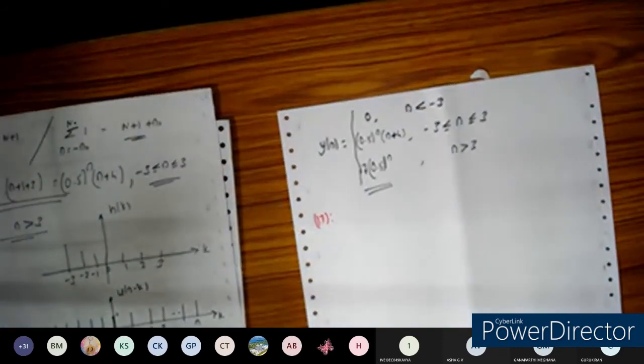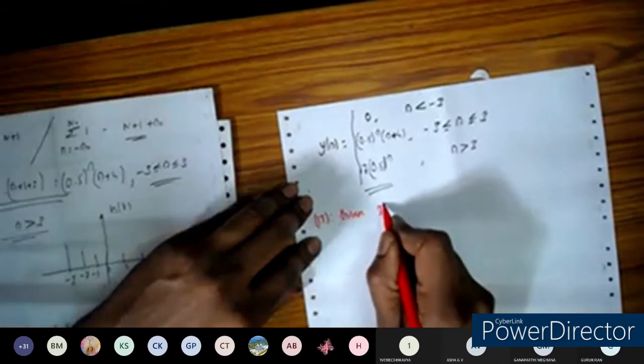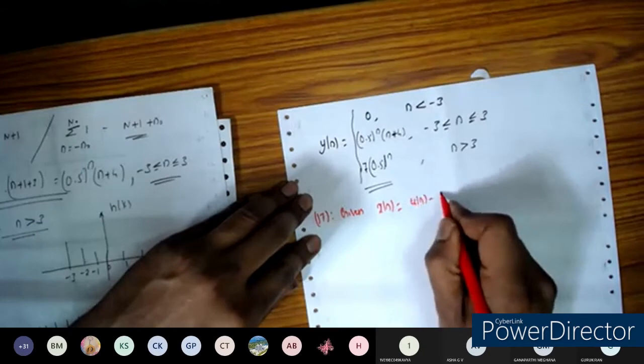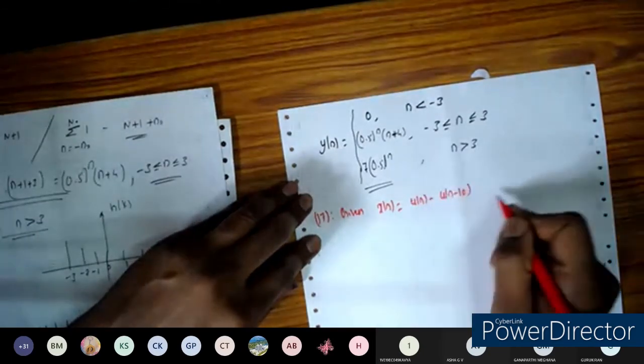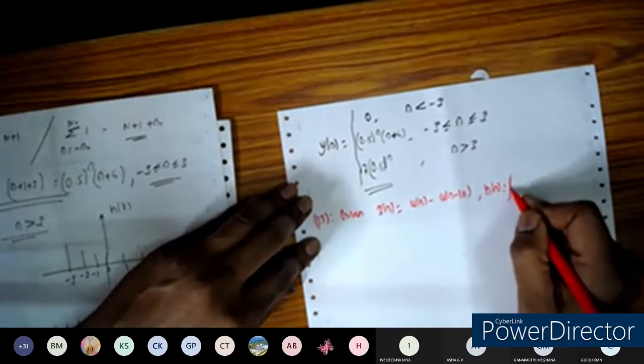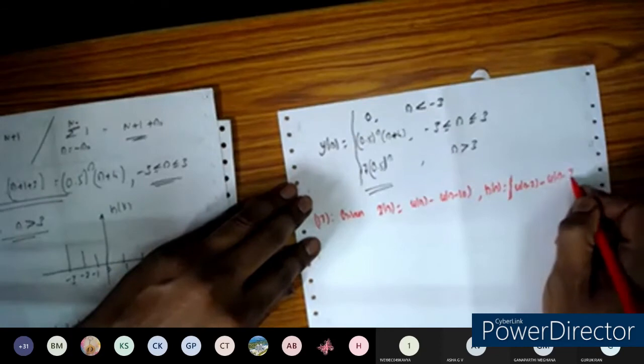So this is the exam problem. Given x of n is equal to u of n minus u of n minus 10, and h of n is equal to u of n minus 2 minus u of n minus 7.